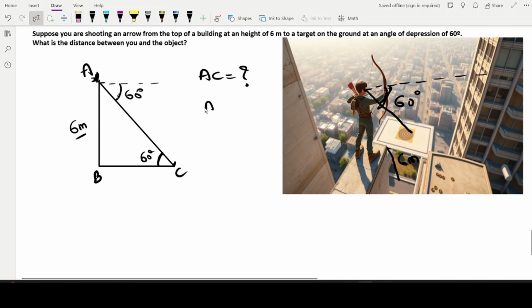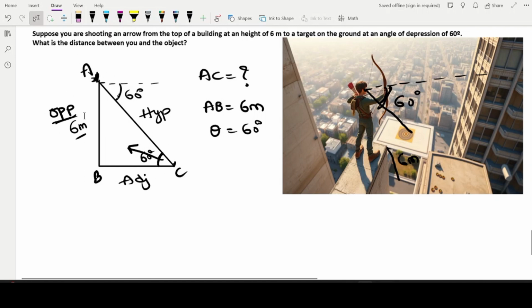He has given us the height of the building, which is 6 meters, and the angle of depression, which is 60 degrees. The side opposite to the angle is the opposite side, the hypotenuse is AC, and this is the adjacent.